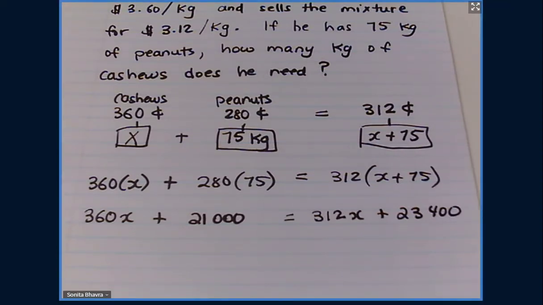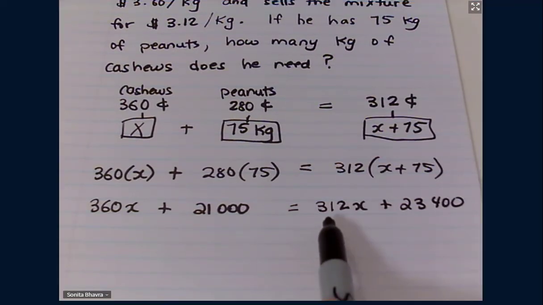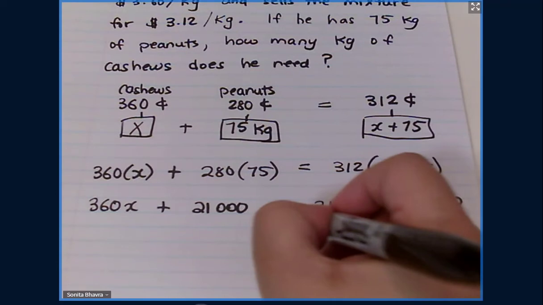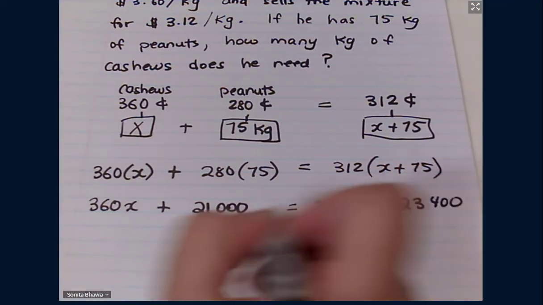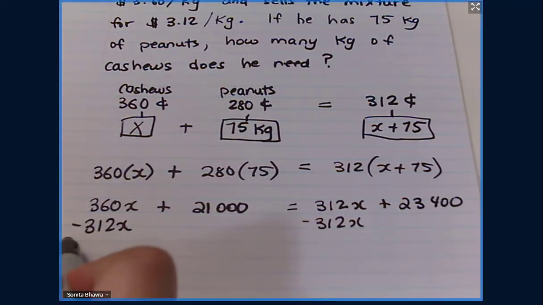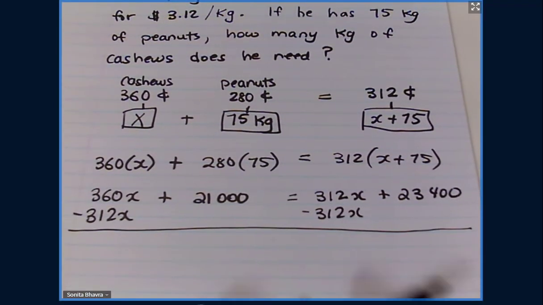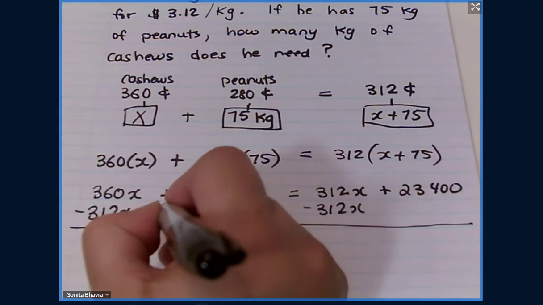All right, so now we just have to collect our like terms and then solve. I'm going to subtract 312X, bring it over to the left-hand side, and at the same time subtract the 21,000 from the right-hand side.